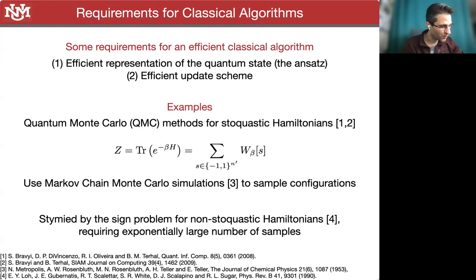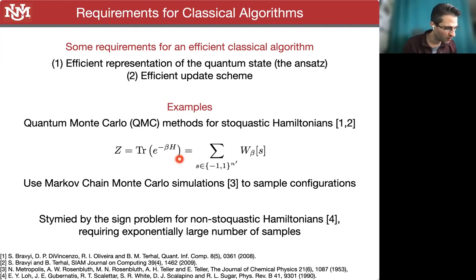Okay, so just to give you a flavor of algorithms you might know, for example, we can use quantum Monte Carlo methods to study stochastic Hamiltonians, right? So in these quantum Monte Carlo methods, usually what we do is we have, let's say, our partition function, and we expand it in a particular way, such that this partition function can now be expressed as a sum of terms that we interpret as weights of classical configurations of some classical system.